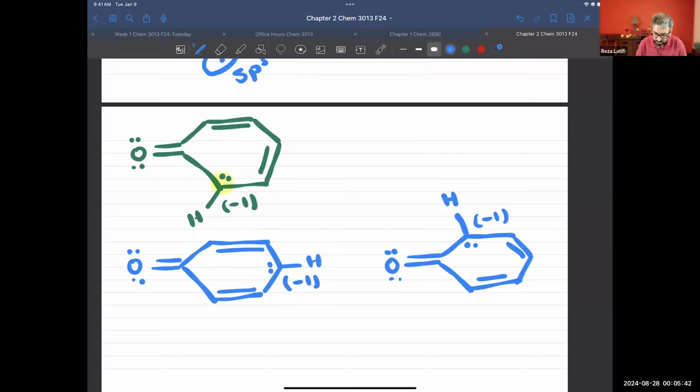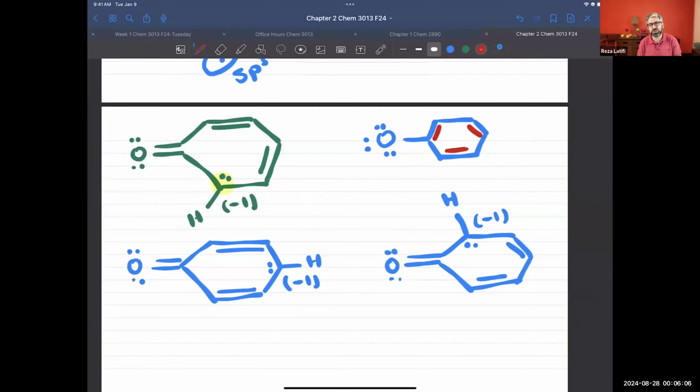What was the starting point? The starting point was this: oxygen with 3 lone pairs attached to a ring. In organic chemistry, whenever we have a cyclic or closed loop structure, we call it a ring.